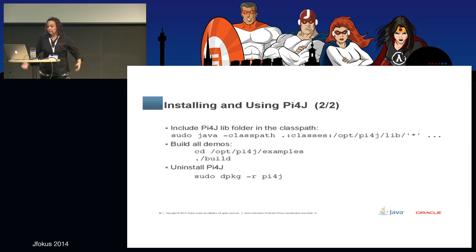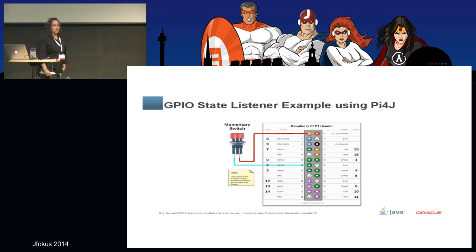Okay, so installing, uninstalling, I mean, no rocket science. Again, demos you can build, all demos are on the Pi4J samples. So let's see a little bit of the code. If you remember the pins when I was mentioning the green ones, see how the first green one here is 7 instead of 4, and how 17 now is 0.